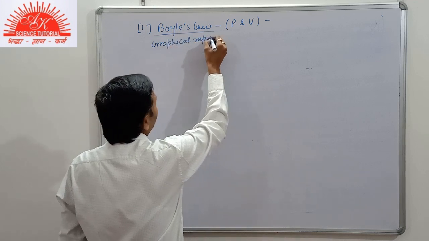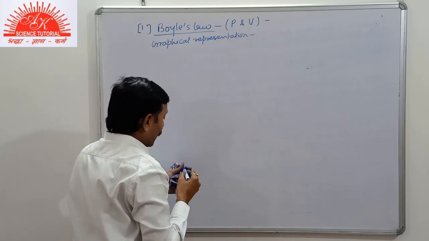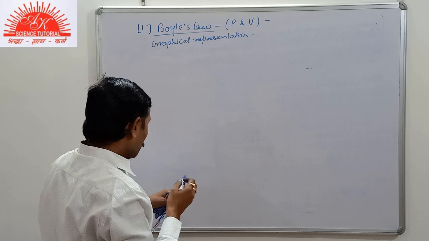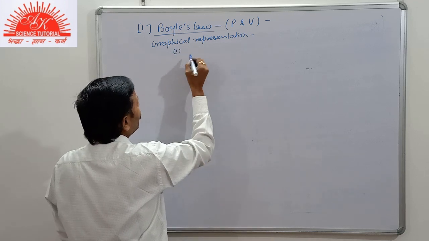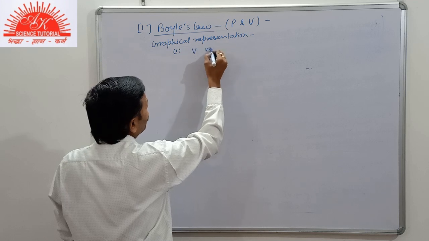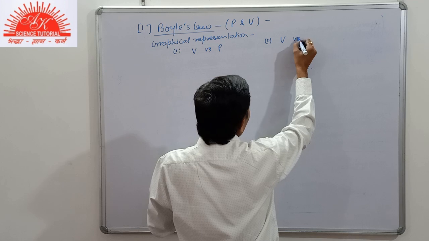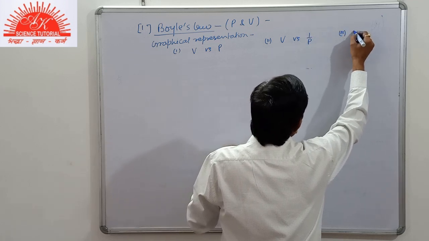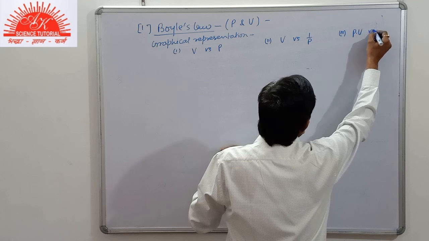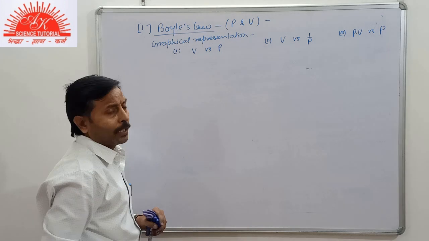Here we have to study the relationship between V and P. There are three relations: first, V versus P; second, V versus 1 upon P; and third, P into V versus P. We have to use these three relations.